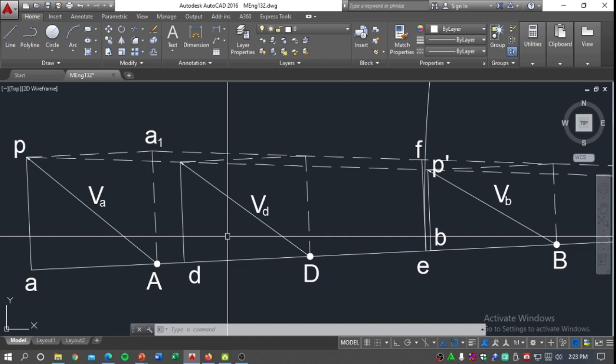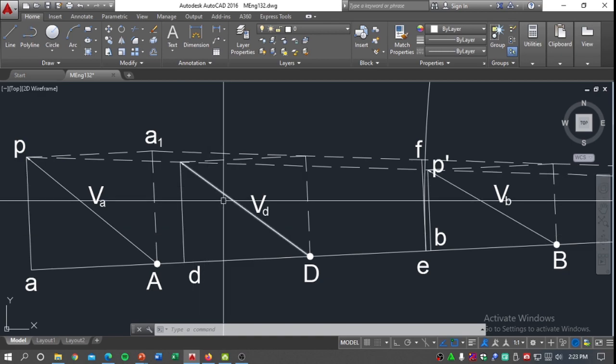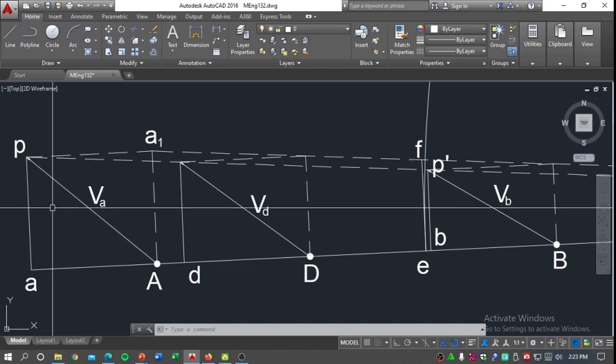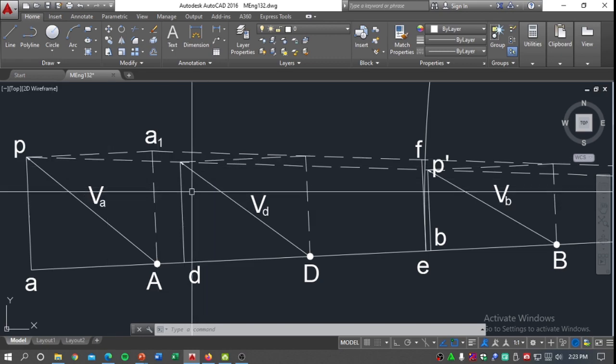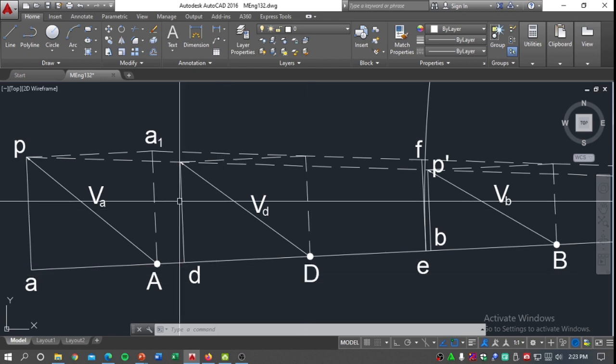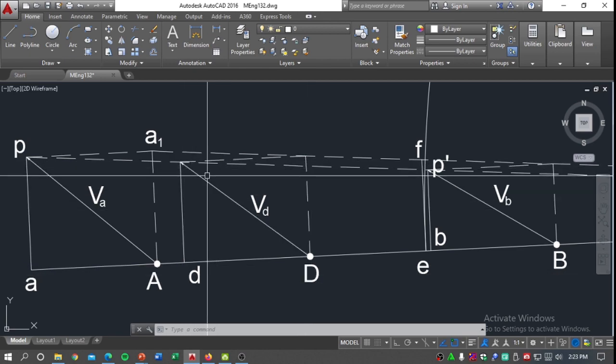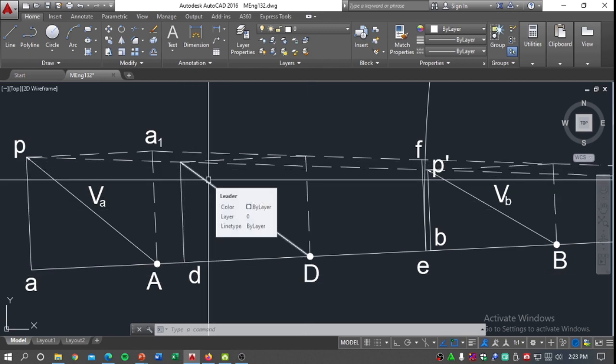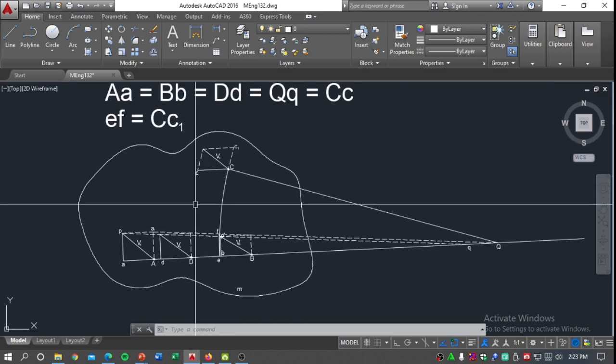So how did we get the second component? The second component was obtained by connecting the two heads or the two terminals of the velocity vectors VA and VB. After connecting that, we obtained the intersection of the line perpendicular to the component DD, and thus we obtained the velocity vector VD.